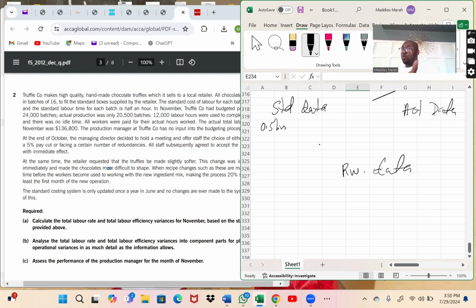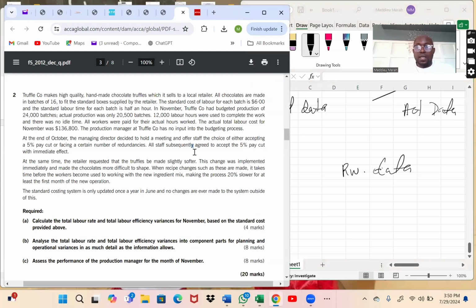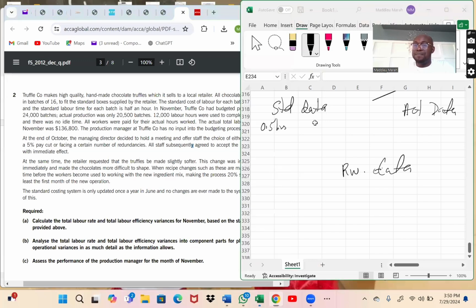But my standard cost was straight. Take note. Let's go back to the question, where it said the standard cost of labor for each batch is how much? $6. So now my standard cost would be 6 divided by half an hour, 0.5. This will equal to how much? $12. My standard cost, $12.